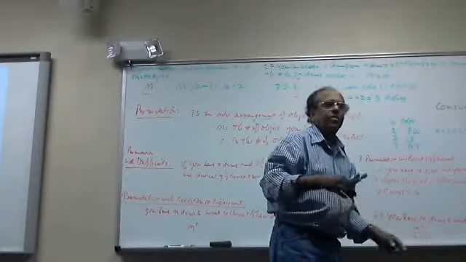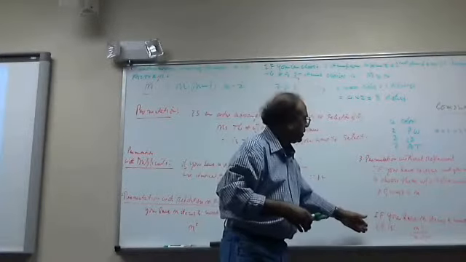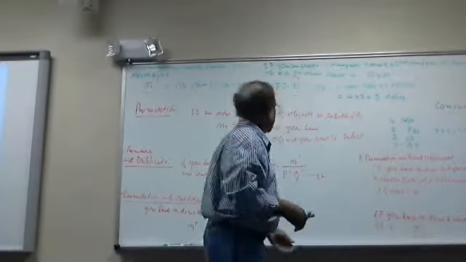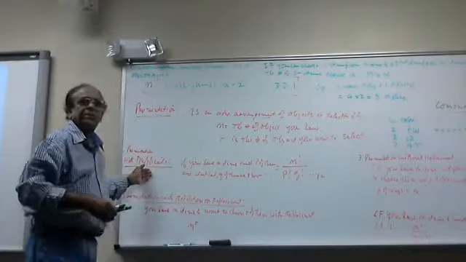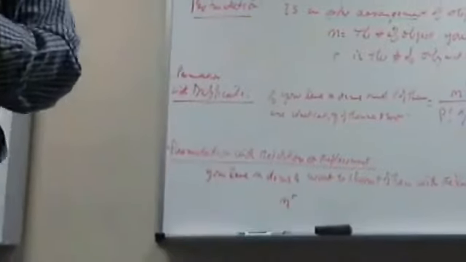So we have a permutation without repetition. We have permutation with repetition. We also have permutation with duplication. So all these are different forms of permutation, and we will use a special formula for these.